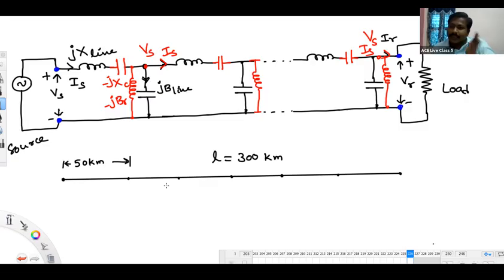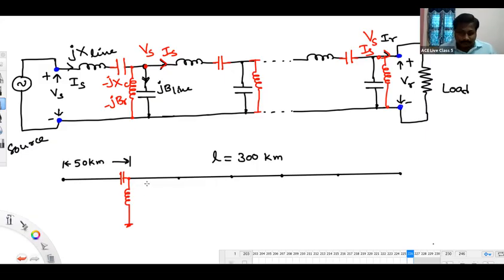At the end of this 50 kilometers, I will keep one series capacitor and one shunt reactor, something like this, such that the series capacitor cancels the whole 50 kilometers length series reactance. The shunt reactor should cancel the shunt admittance of that 50 kilometers length of line.